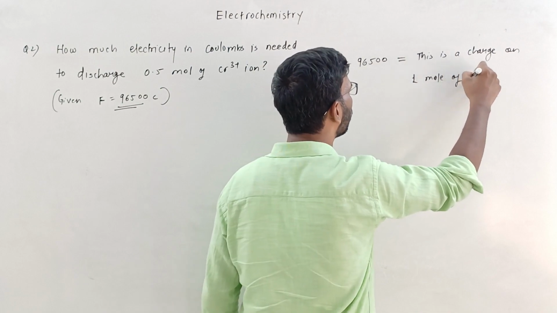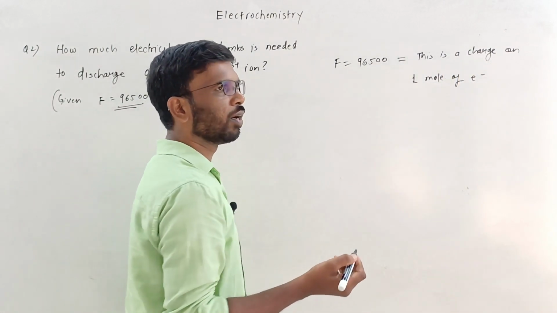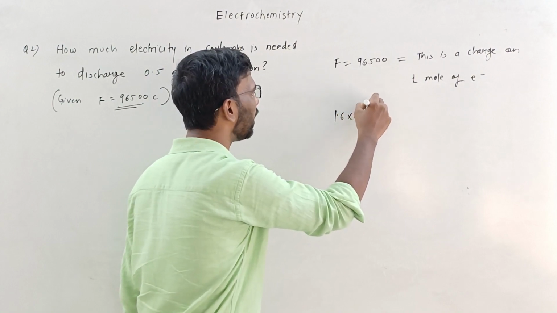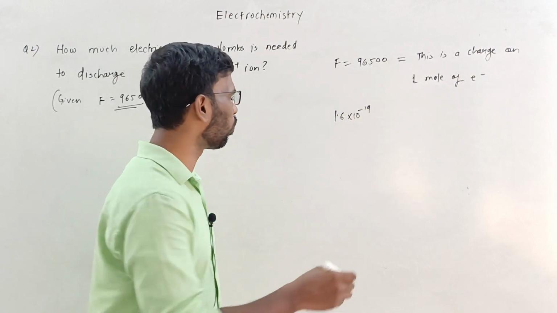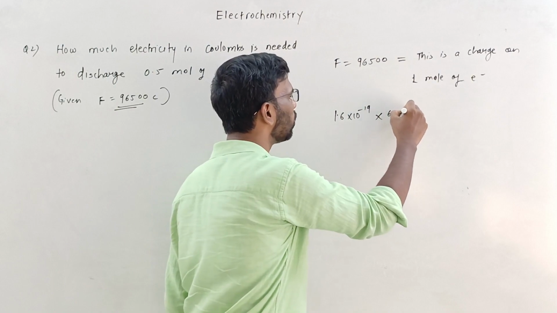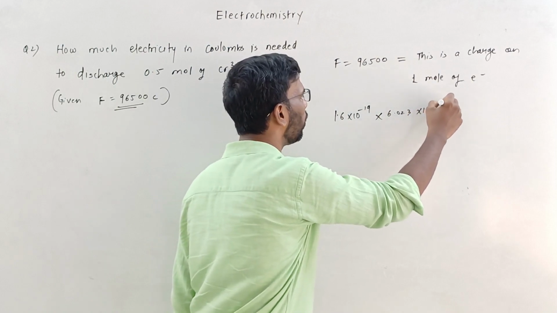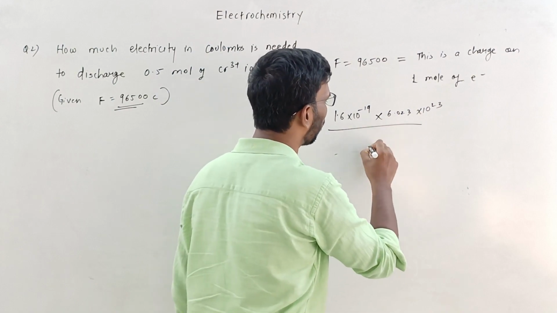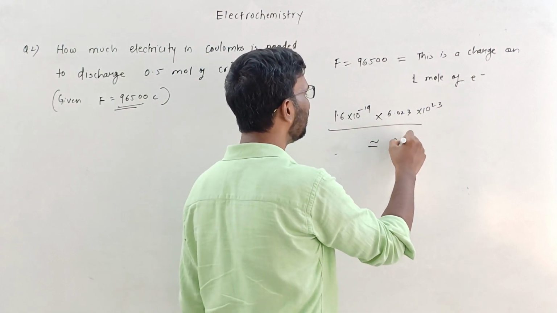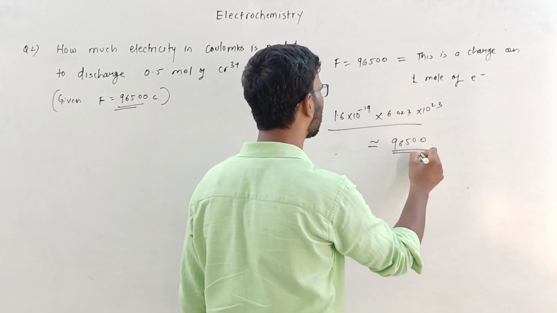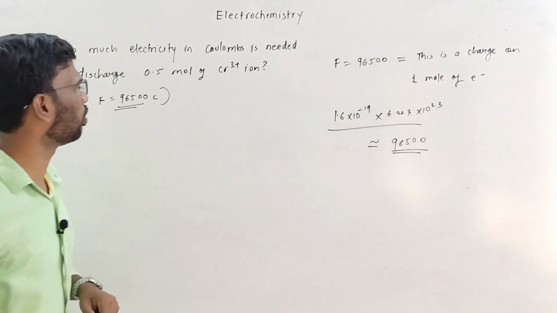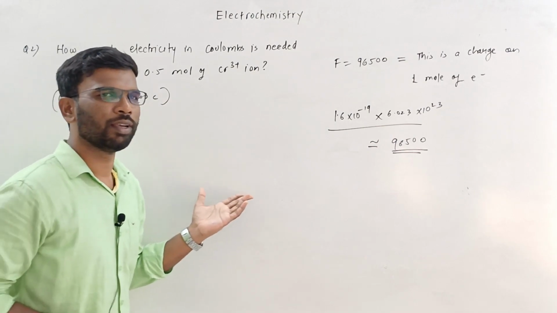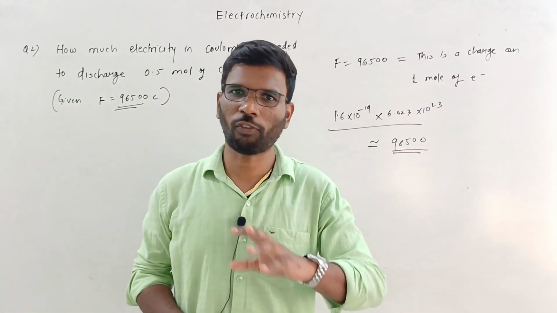1 mole of electron means what? 1.6 into 10 raised to minus 19 coulomb is the charge on 1 electron. 1 mole means what? 6.023 into 10 raised to power 23. If you solve this, the answer will come approximately equal to 96500. Right? This is what Faraday's constant is. Now the question is how much electricity in coulombs is required? Coulombs is asked, not farad.